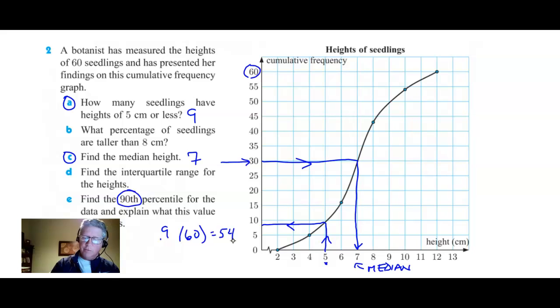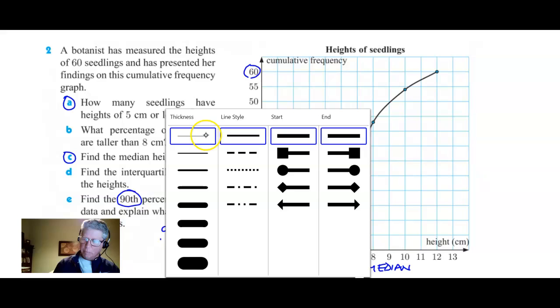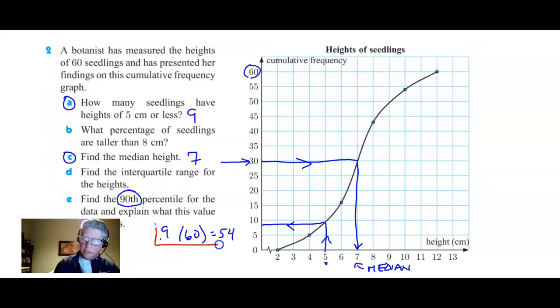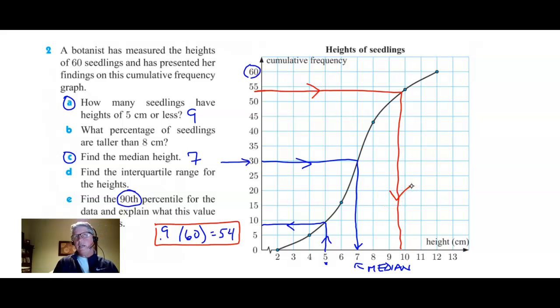So you go to 54, we better do this in red because it's super important. So 54 is right about here. And so I'm going to go like this, bam, and then I'm going to come down, bam, bam. So instead of saying it is a median or quartile, I'm just going to call it the 90th percentile.